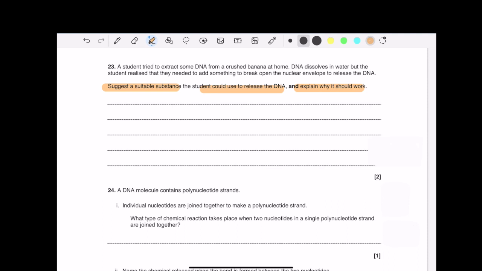And when it comes to AS, the answers to the questions are much easier to predict, I guess, and the mark scheme is so much simpler than if it was an A2 topic.